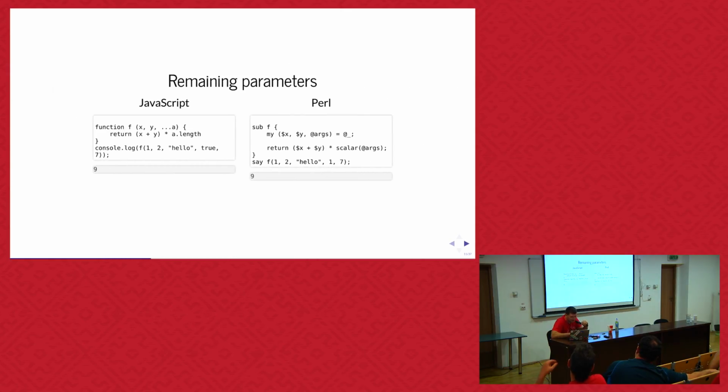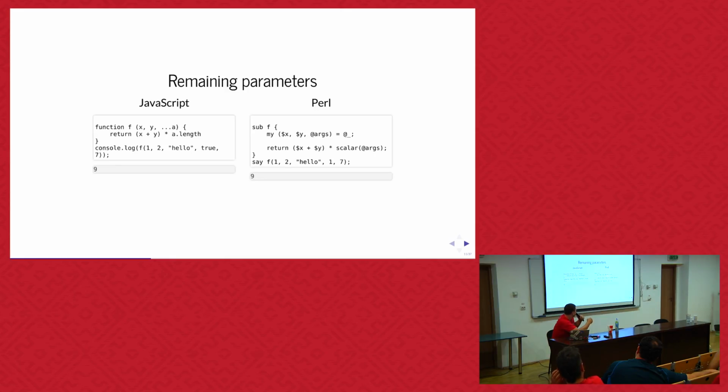Oh, sorry. But anyway. Remaining parameters. These three dots are what JavaScript calls a spread operator. Because you know JavaScript arrays are objects, and if you pass an array here, it will be a single object. So it would not split into different arguments.